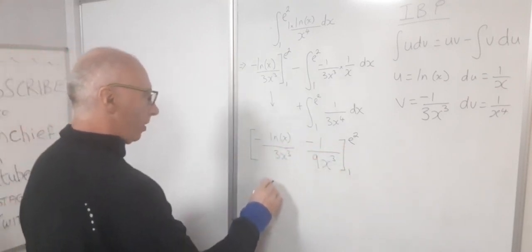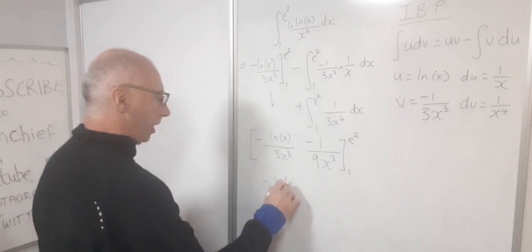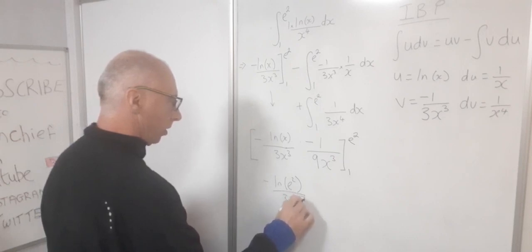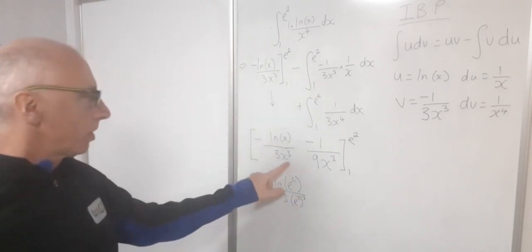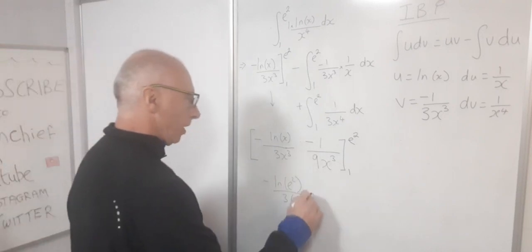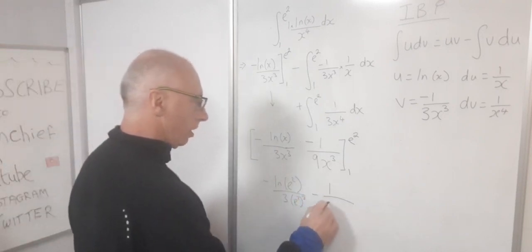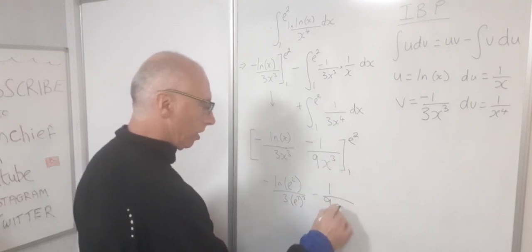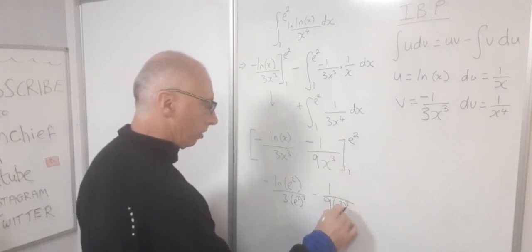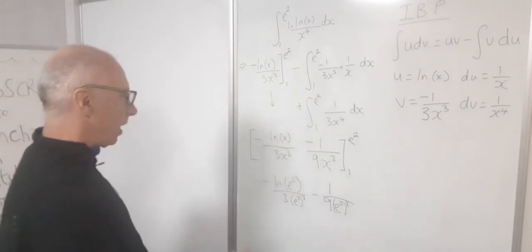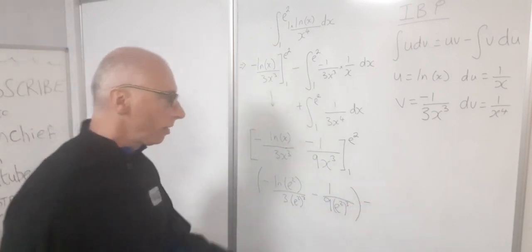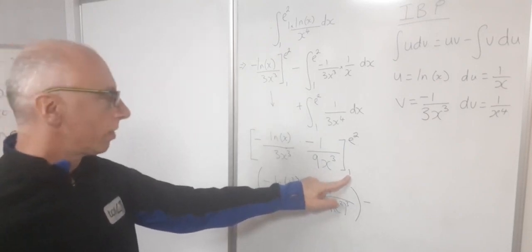So now I've got minus log of e squared over 3 times e squared cubed, that's my 3x cubed, minus 1 over 9 and then e squared cubed again. So that's my first value. And now I need to subtract the next value, when x's are all 1s.